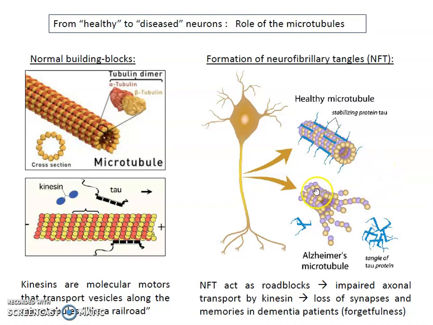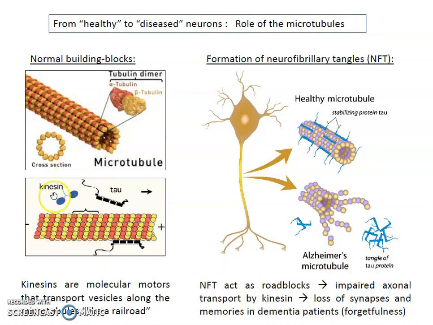So what happens here in Alzheimer's disease? The tau protein is not stabilized, and as a result the microtubule is not stabilized, and the detached tau protein accumulates, which leads to the formation of tau tangles. The formation of neurofibrillary tangles acts as roadblocks, and as a consequence it impairs axonal transport by the kinesin.